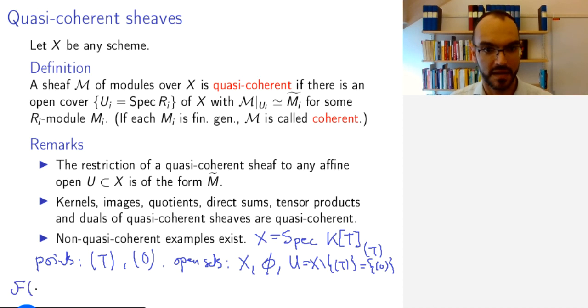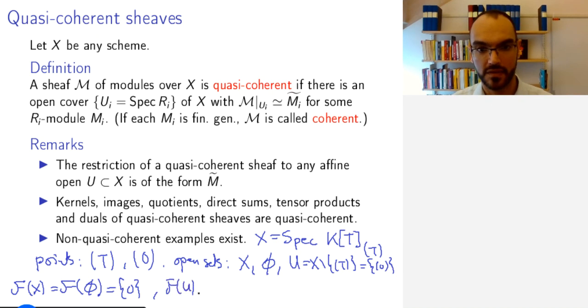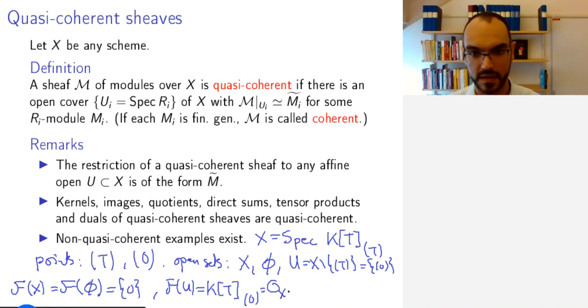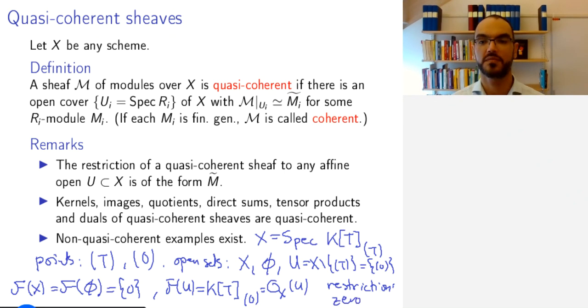So we set F of X and F of the empty set to be trivial, and F of U to be the module localized at the 0 ideal, which is exactly the section at U. And as restriction maps, so I'm defining a sheaf by hand, I set the 0 maps.